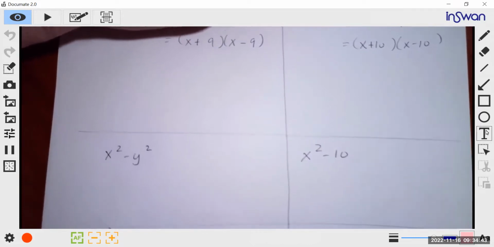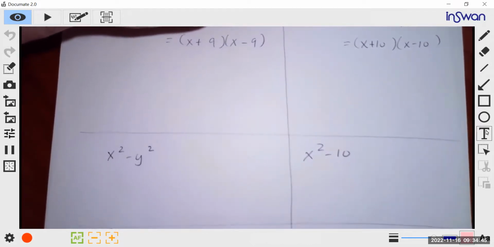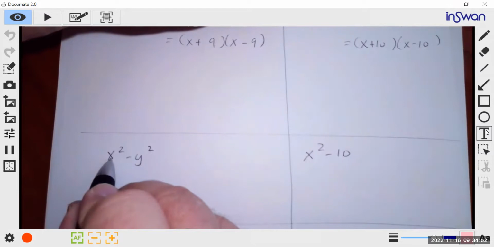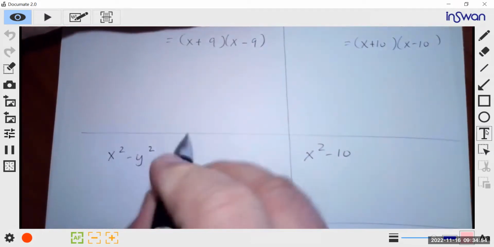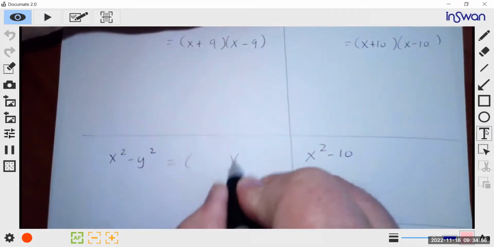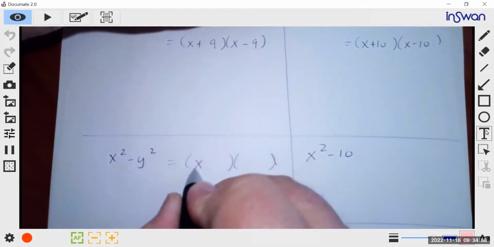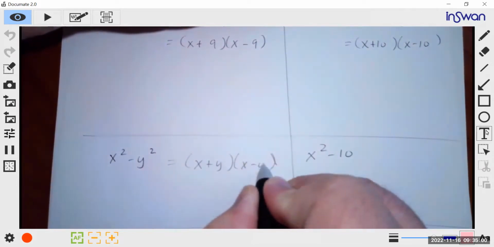How about the next one? Two terms. Is it a minus between there? Is the first term squared? Is the second term squared? So it's x plus y, x minus y.